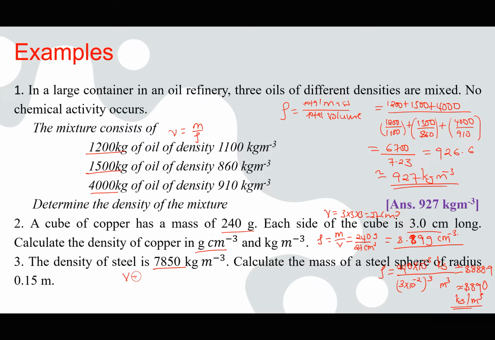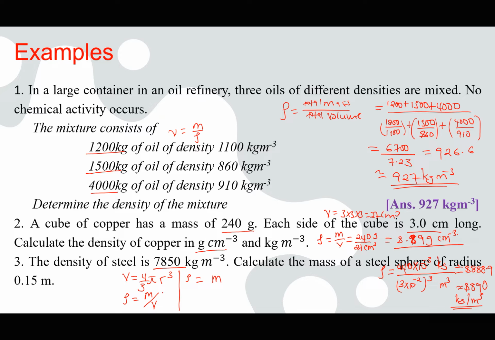The volume of a sphere is given as 4 over 3 pi r cubed. That is the volume of a sphere. So that means density, which is mass divided by volume, is the same as saying that density is equal to the mass.